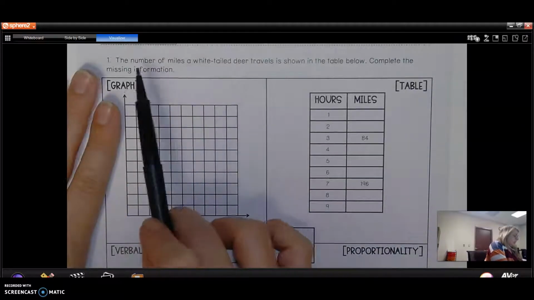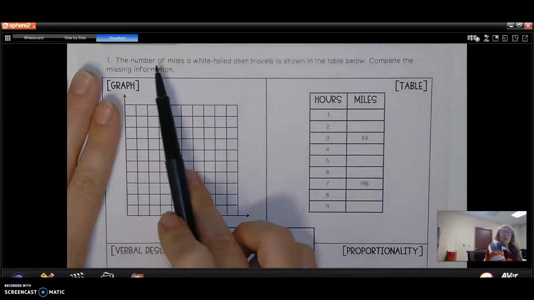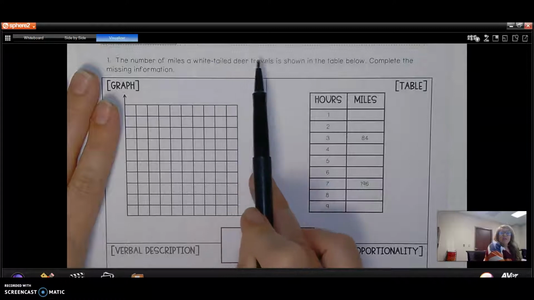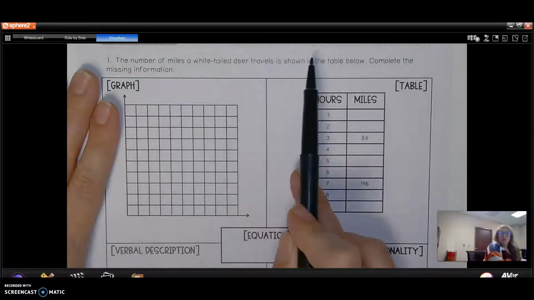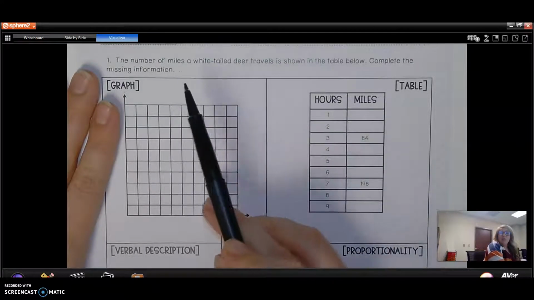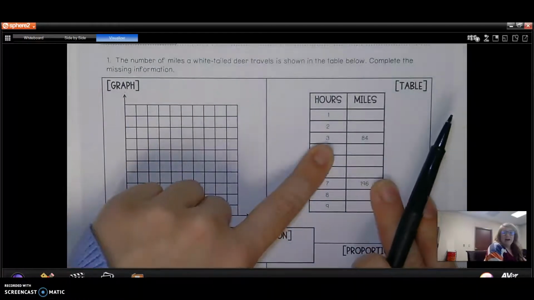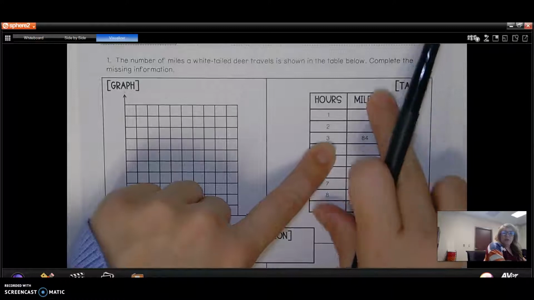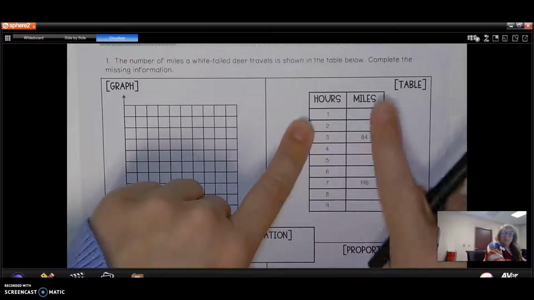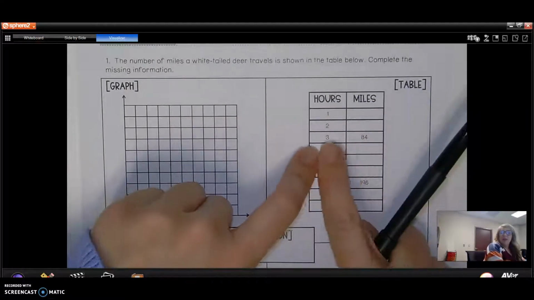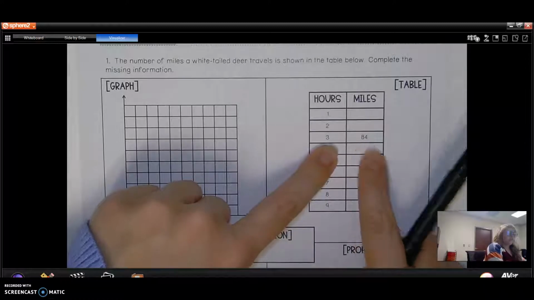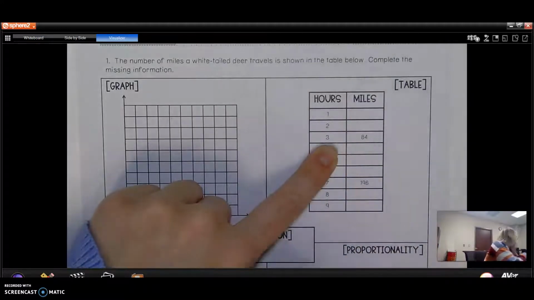Okay, so let's look at this information on number 1. The number of miles a white-tailed deer travels is shown in the table below. So right here, complete the missing information. Okay, there are things that are missing. Here's my hours, here's my miles, so I can use what I have here in order to figure out what's going on in these other boxes.